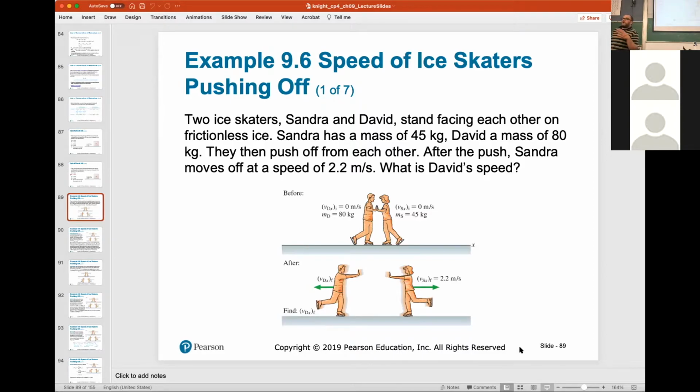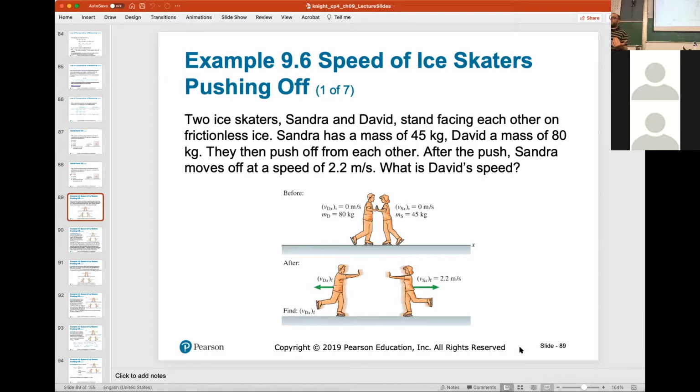Now, what's the total momentum of the system going to be after the collision? Because it was 0 before. So after this, I guess this is kind of like an explosion. If it was 0 before the explosion, where they push off from each other, then what does it have to be afterwards?